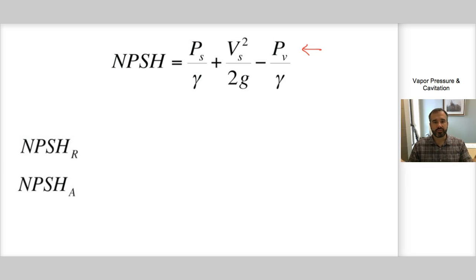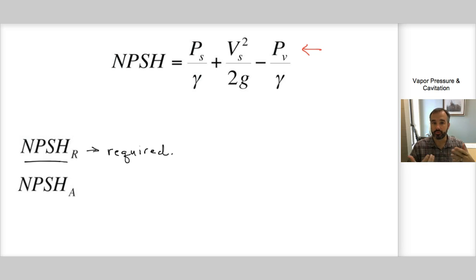From an engineering standpoint, there are two values of net positive suction head that we're really interested in. One is the required net positive suction head, NPSHR, shown here. The required net positive suction head is the head needed at the suction inlet of the pump in order for the pump to actually operate.